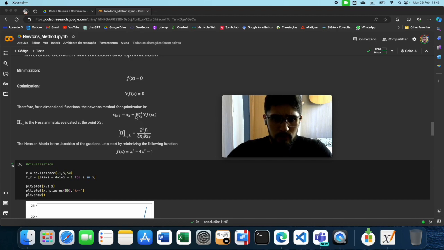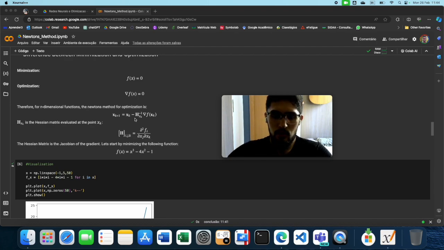But the thing to look at here is that in every iteration we are walking in the opposite direction of the gradient. It's very important. We are not making the update in the direction we want.